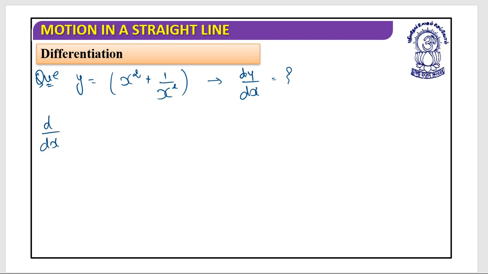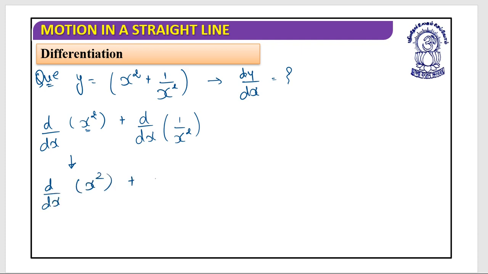This is d by dx of x square plus d by dx of 1 by x square. It seems like this. So while I perform this, it is d by dx of x square plus d by dx of x to the power minus 2. Yes. Okay. Now the power would be multiplied.